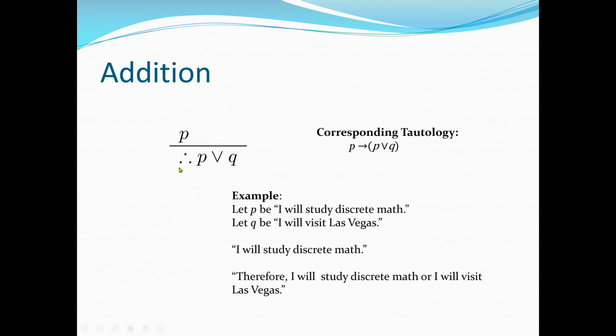Because we said P, therefore P or Q. So if P is I will study discrete mathematics, and Q is I will visit Las Vegas, then I will study discrete mathematics, or I will visit Las Vegas. And if I will study discrete mathematics, then I will study discrete mathematics or I will visit Las Vegas, one of them.